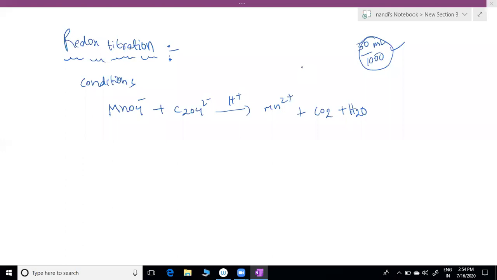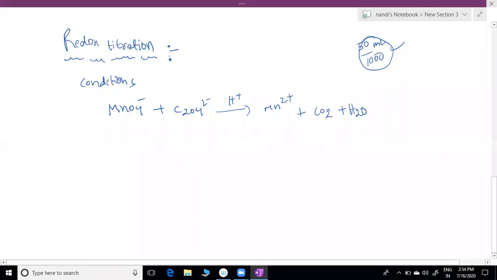This is redox titrations. This is the equation. This is the oxidizing agent. This is 7, you can find the N factor if you require. This is 7 to 2, so 5 is the N factor. Here plus 3, this is plus 4. You know how to calculate N factor.